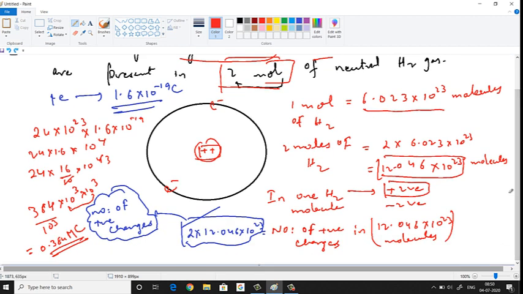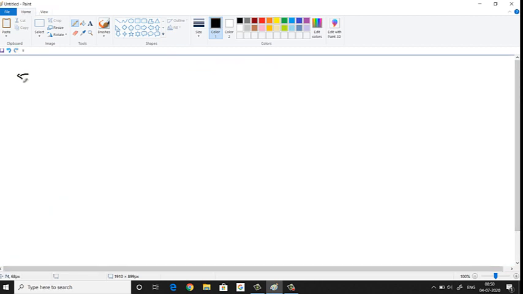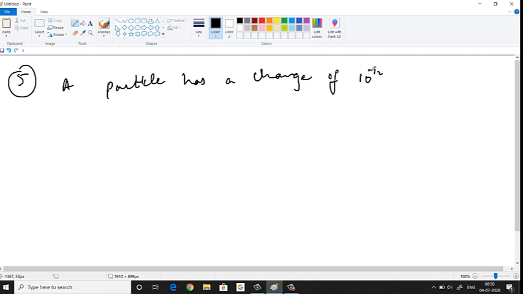Okay. Let's look at this solution once again. I think you should be able to understand easily. A particle has a charge of 10 power plus 12 coulombs. Okay, a particle has a charge this much. So, does it contain more or less number of electrons as compared to its neutral state?